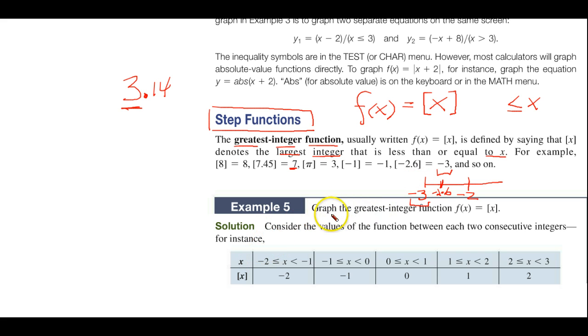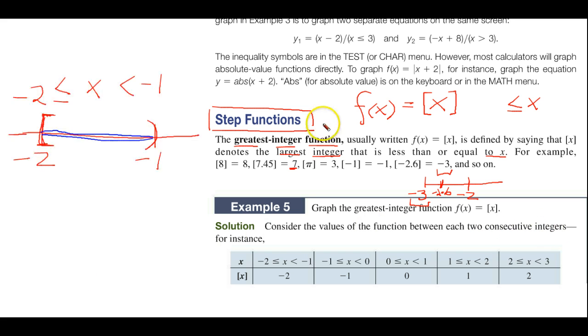So, graph the greatest integer function of x and consider the values between each two consecutive integers. So in this first case here, the greatest integer function, x is in the middle here.